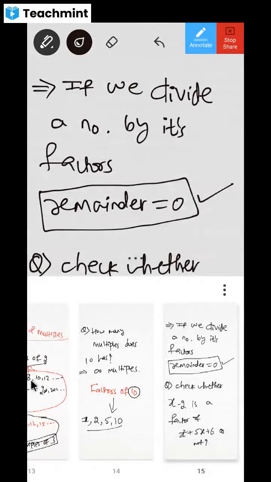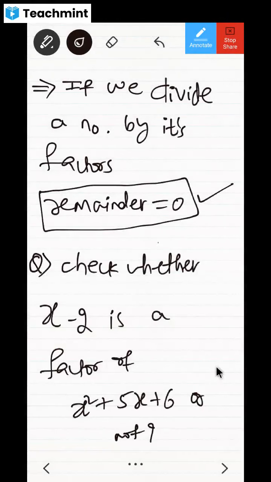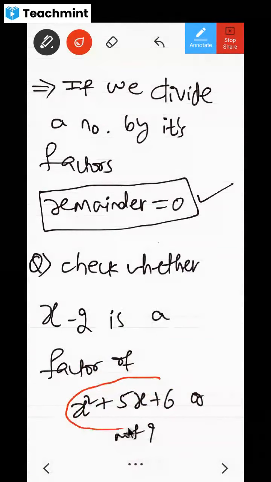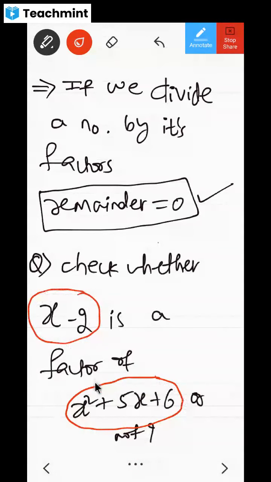What are you supposed to do? You are supposed to divide x square plus 5x plus 6 by x minus 2. Then you have to find the remainder. If that remainder is 0, you are going to say x minus 2 is a factor of x square plus 5x plus 6.